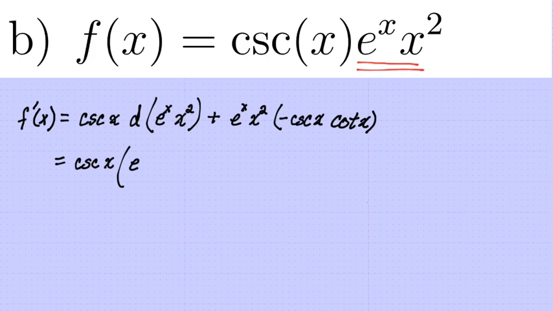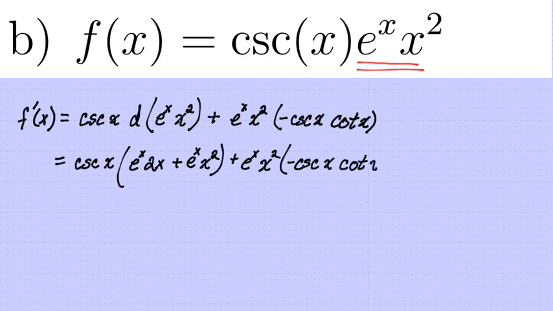The first times the derivative of the second plus the second times the derivative of the first. But if you did logarithmic differentiation, you get the same thing. Believe it or not.